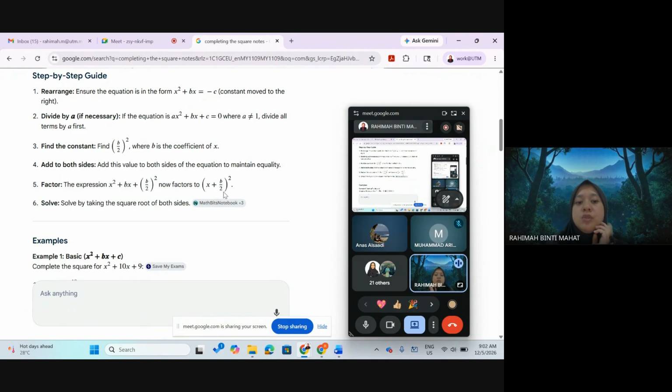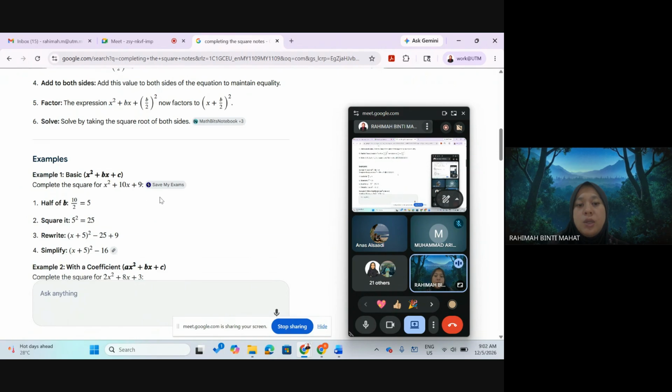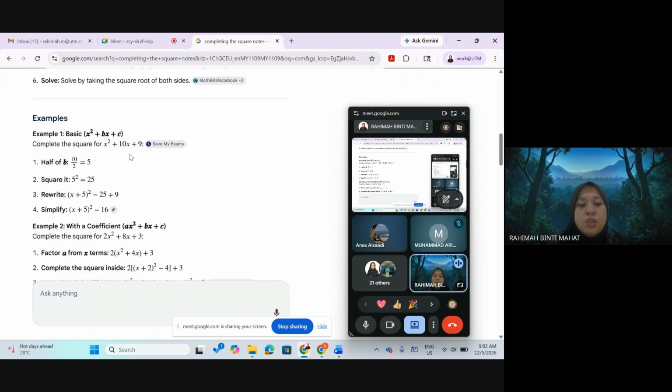And you can factor it. How do you factor? You just take the square only: x plus b over 2, and you square it. This is the example here: x squared plus 10x plus 9. So what is your b? b is 10. So 10 divided by 2 is equal to 5.